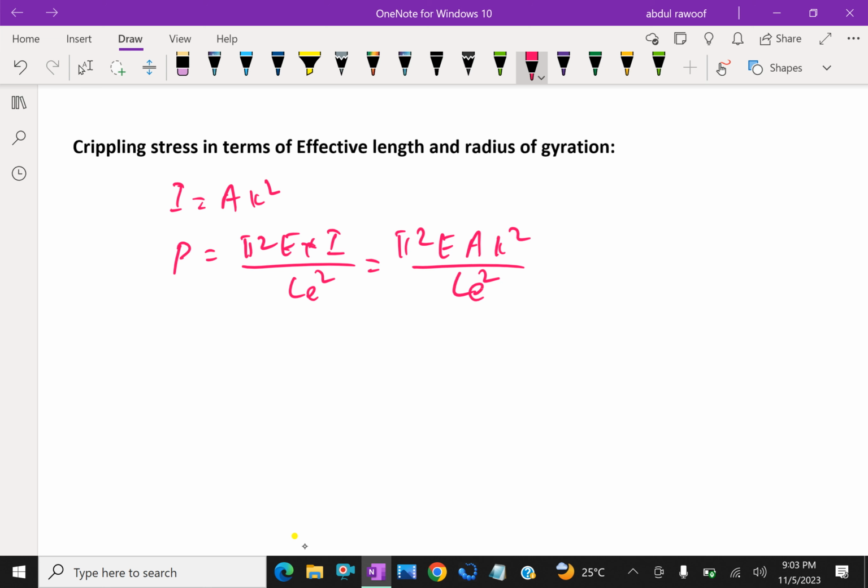Now further we can write this as pi squared E A over LE by K the whole square.